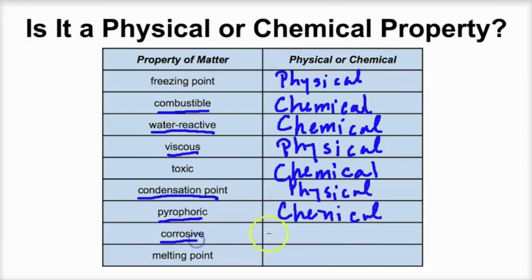If something is corrosive, like battery acid, that's going to be a chemical property of that substance. And last but not least, if we said that the melting point of ice is 0 degrees Celsius, that too will be a physical property. That's not telling us how that ice is going to behave chemically.